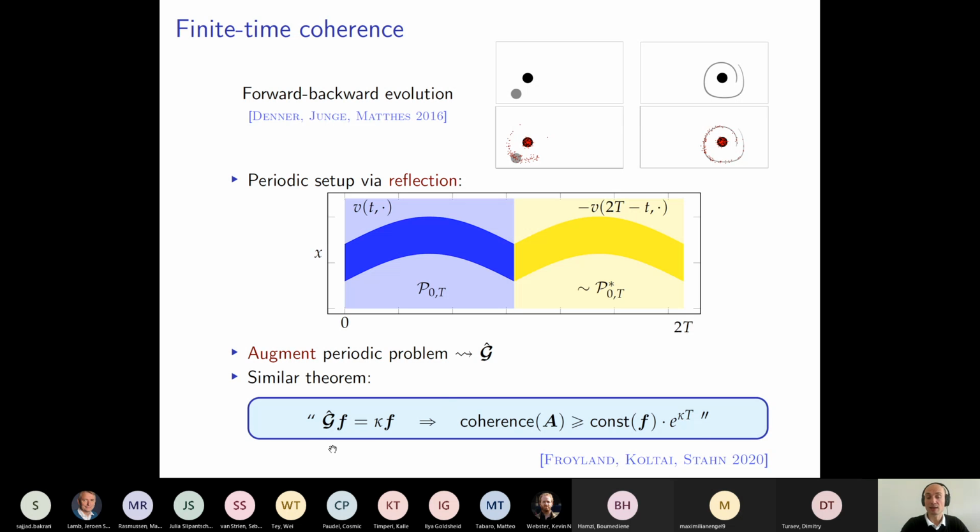If I take this G hat, this augmented generator on this reflected problem, then the corresponding sub and super level sets of the generator, giving us a family of sets denoted by this boldface A here. Its coherence is then larger by some constant times whatever our eigenvalue kappa tells us.